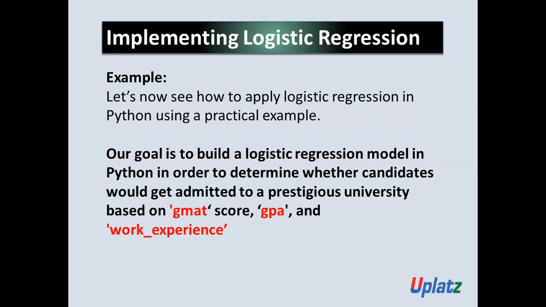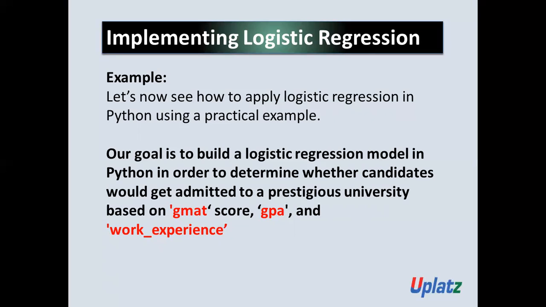Okay, so our goal is to build a logistic regression model in Python in order to determine whether the candidates would get admitted to the prestigious university based on the GMAT score, based on the GPA and the work experience of the candidates. Got the question? Yes.